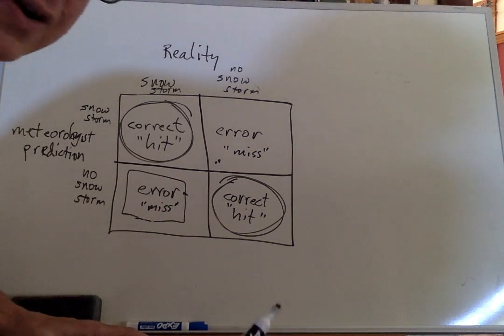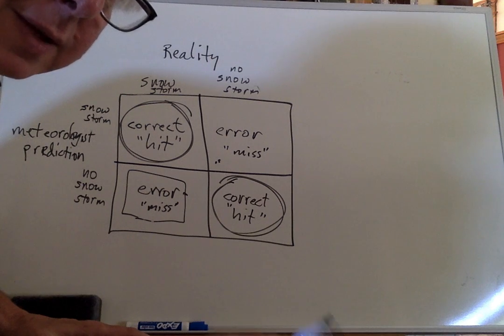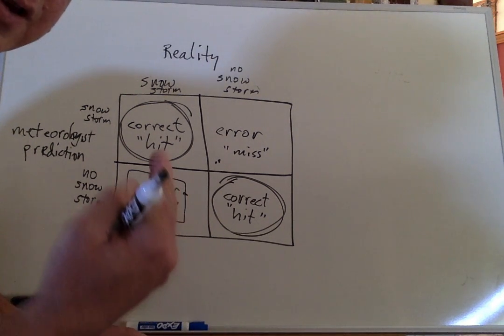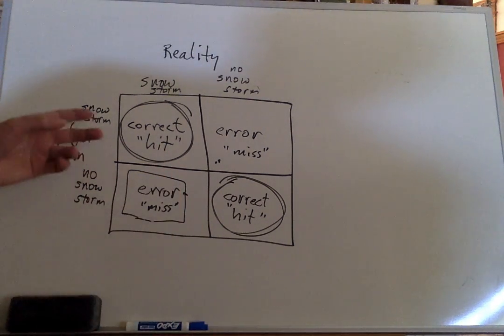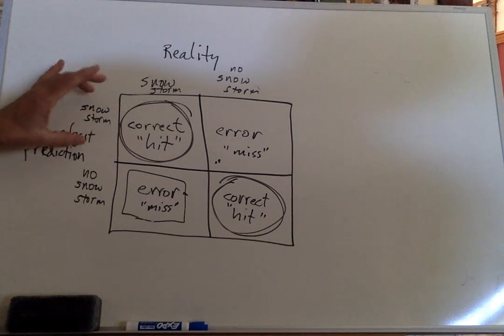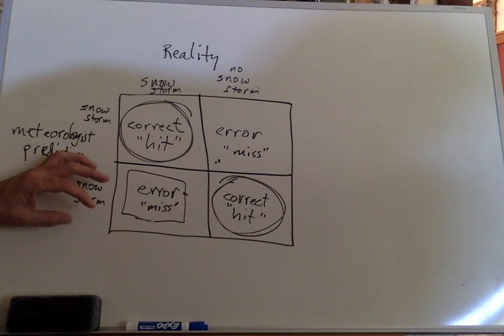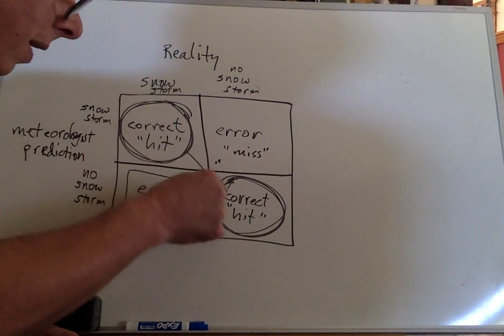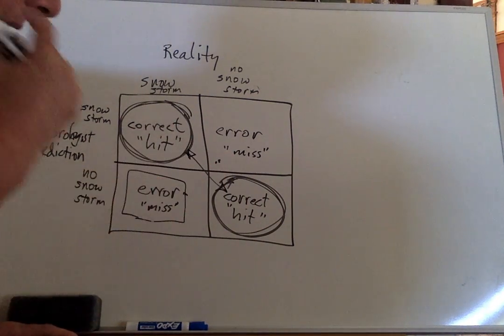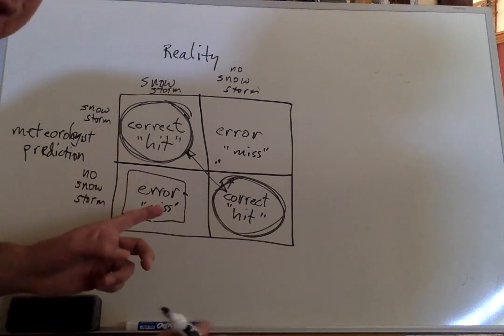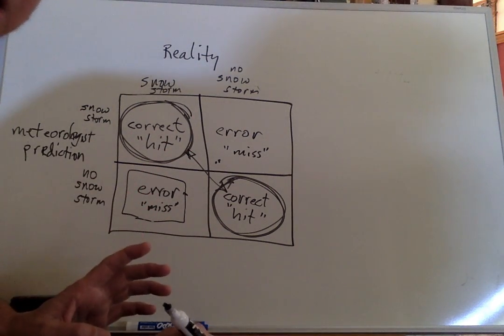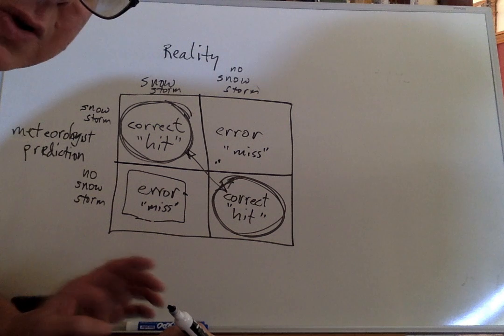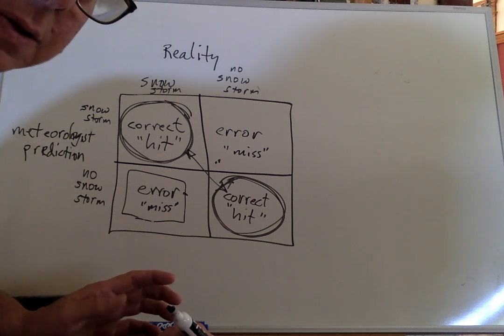And so there is a bias: if the meteorologist thinks there might be a snowstorm, you're better off predicting a snowstorm than saying no snowstorm. We want to be here or here. We want to be correct. But if we make a mistake, there's usually an error that has more serious consequences.